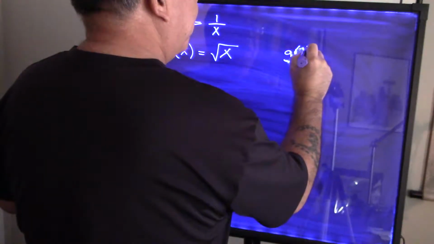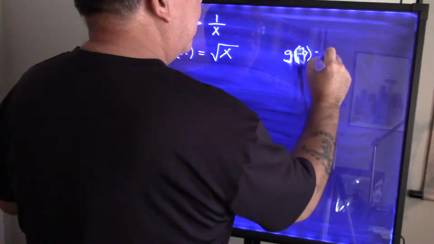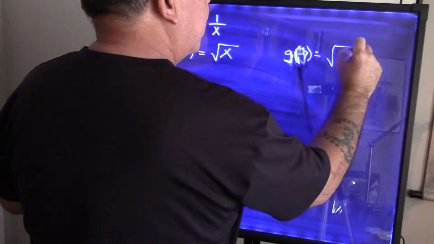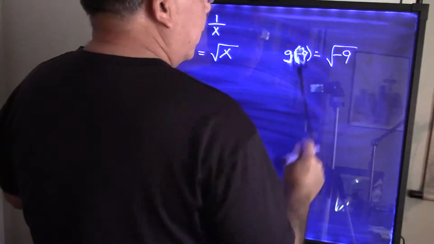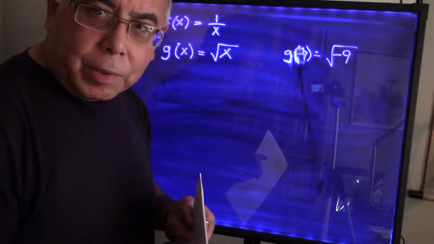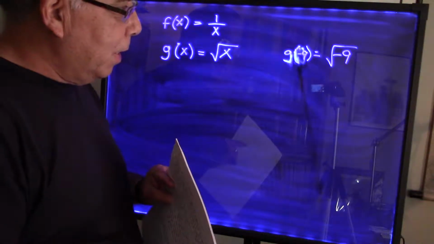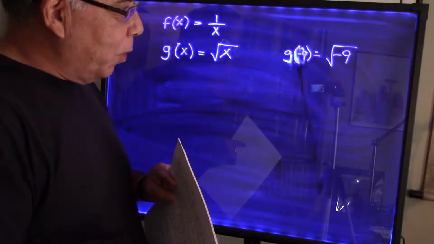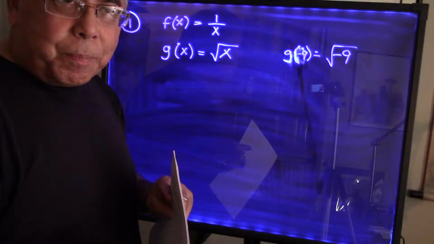Well, in the real numbers, there's no solution for this. There's no real number answer because a number times itself will never equal a negative number.